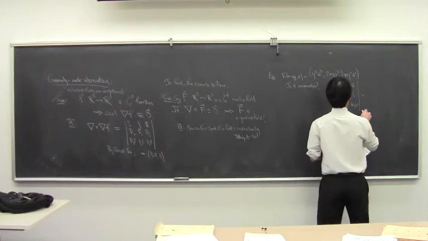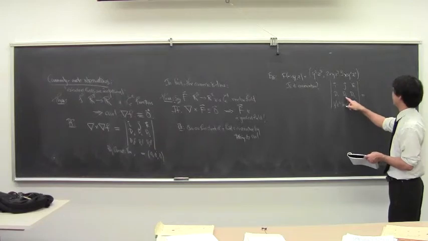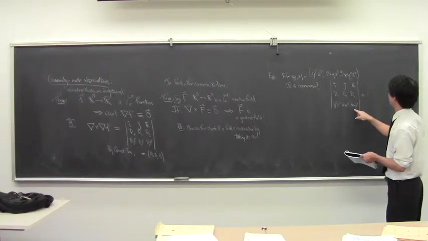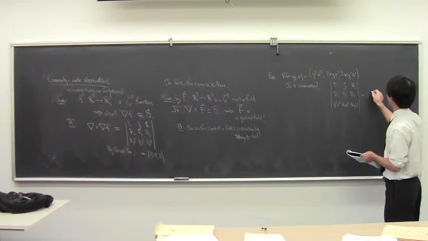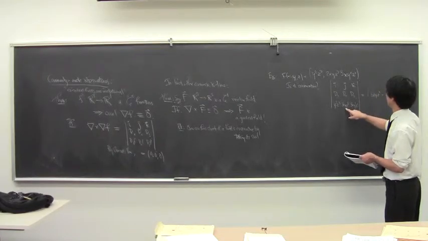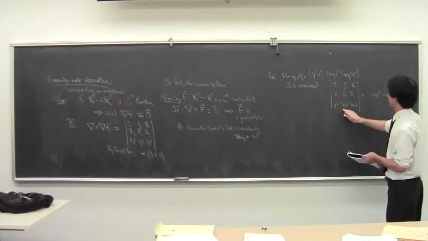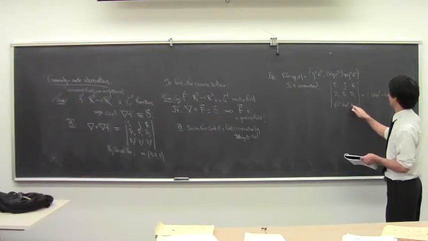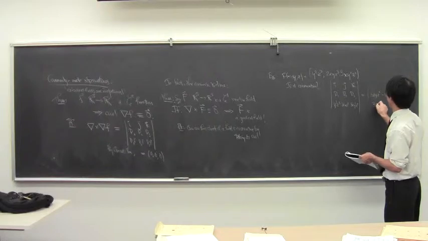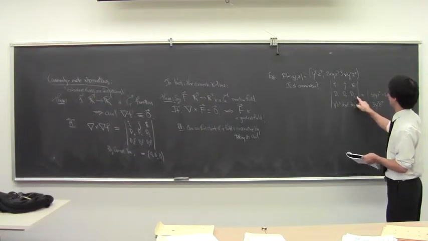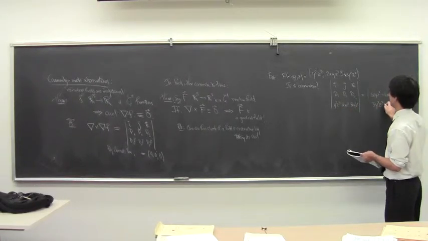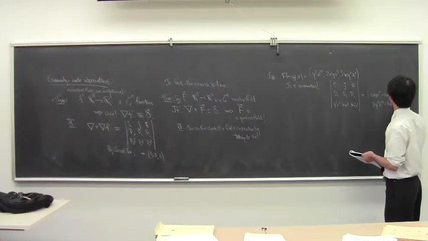Then I'm going to get the derivative with respect to y of that, 6xy z squared, minus the derivative with respect to z of that, 6xy z squared. Then the derivative with respect to x, 3y squared z squared, minus the derivative with respect to z, 3y squared z squared.